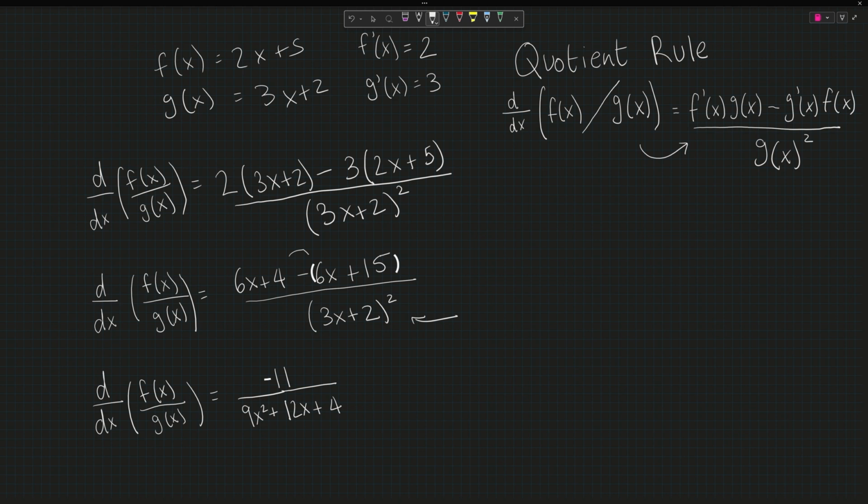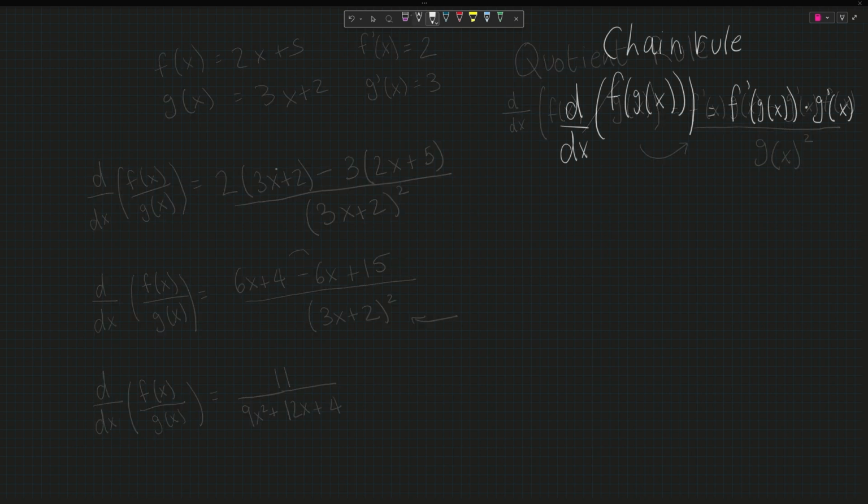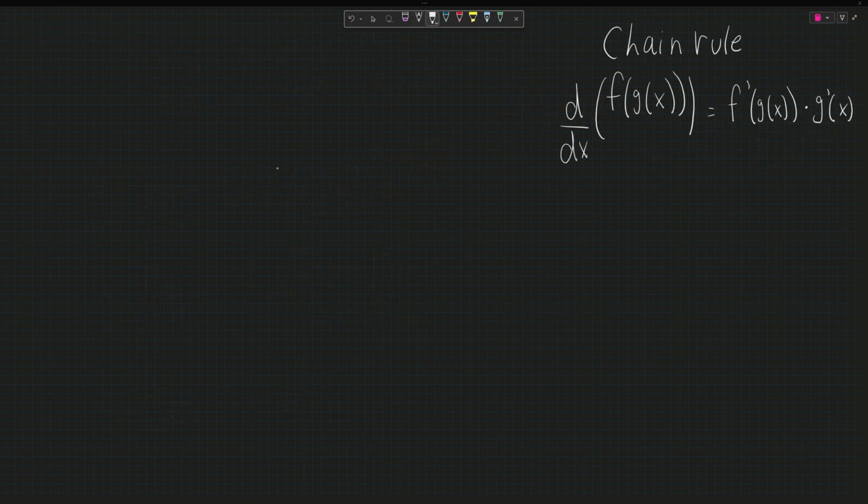If not, you might just get a result just like mine, and that's still fine. Now, if your teacher allows you to keep it in factored form, I suggest you 100% leave it in factored form.